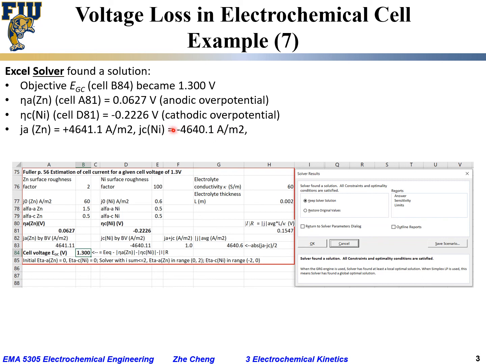So minus sign for cathodic current. And of course, the Ja plus Jc, cell F83, the difference between absolute values for Ja on the zinc electrode and Jc on the nickel electrode is pretty small, only 1 amp, which means the solution is pretty close to reality.